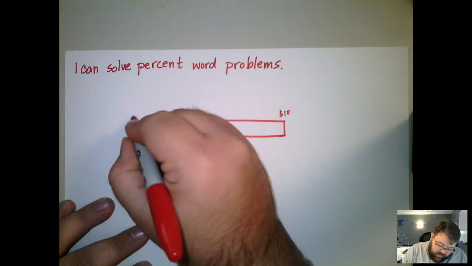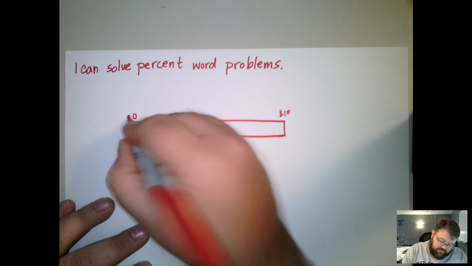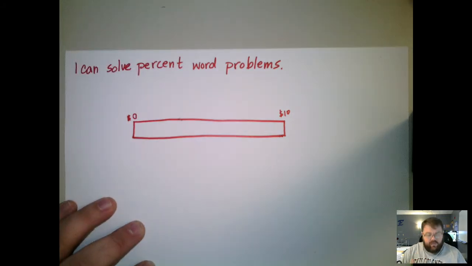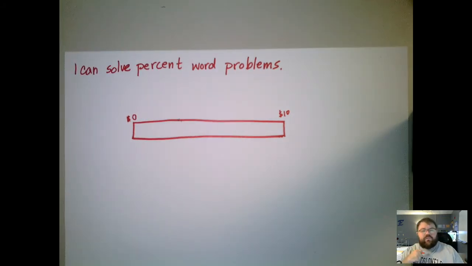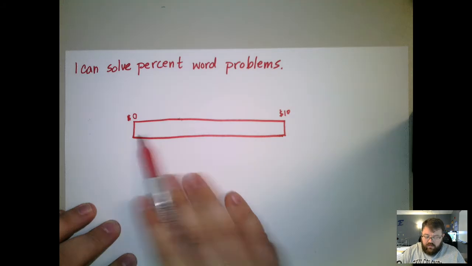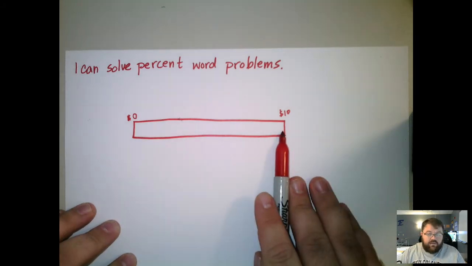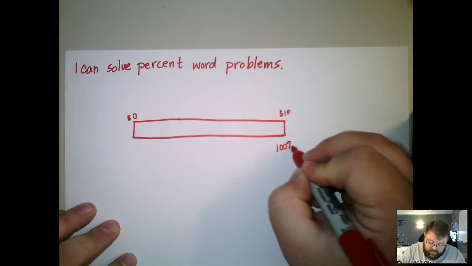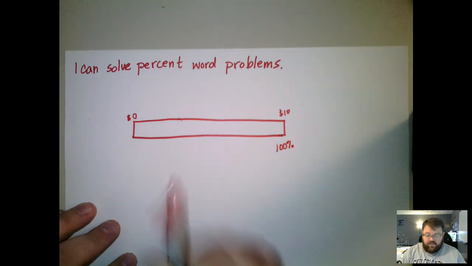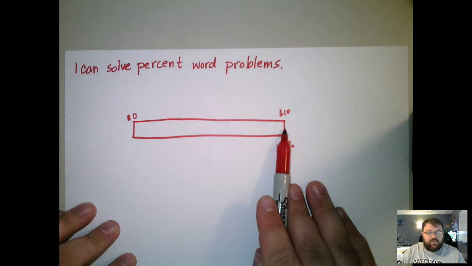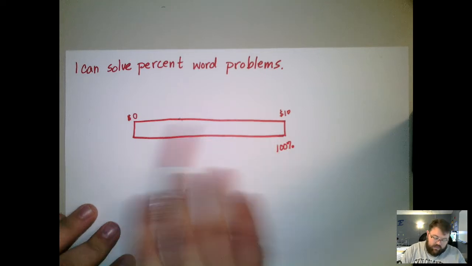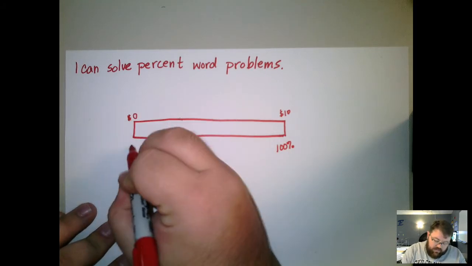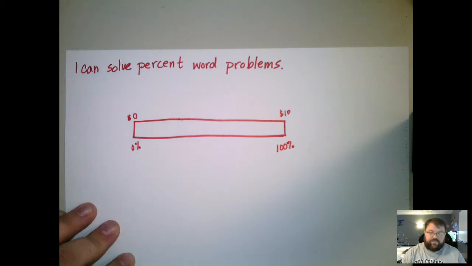If it had no shade, it would be $0. Now, from here, first, this is 100% of the bar, and then this is 0% of the bar.